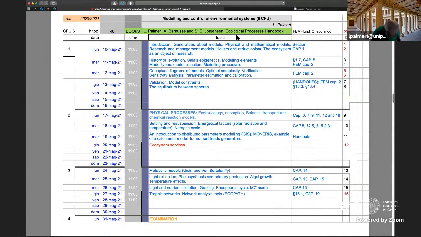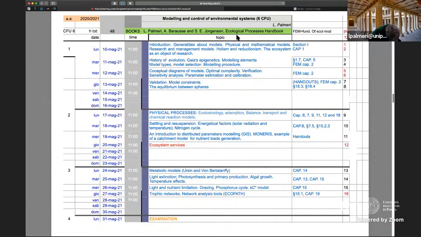Tomorrow we will give a history and evolution lecture in which we will introduce some general concepts like epigenetics, modeling elements, model types, and so on. We'll introduce conceptual diagrams and model conceptualization on Wednesday. And on Thursday, we will deal with the last step needed in the procedure of building an ecological model.